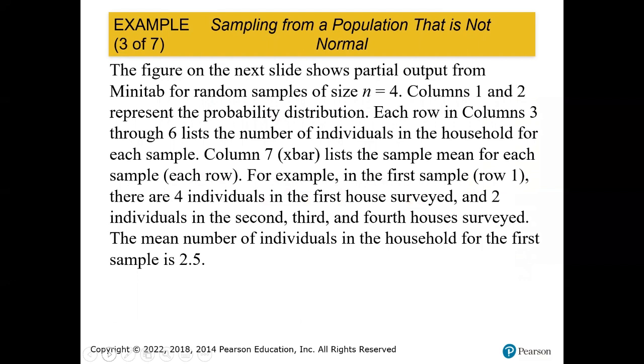The next slide is going to show what happens for sample size 4. Columns 1 and 2 represent the probability distribution. And each row in columns 3 through 6 lists the numbers of the individuals that were chosen. Column 7 is then the sample mean for the row.